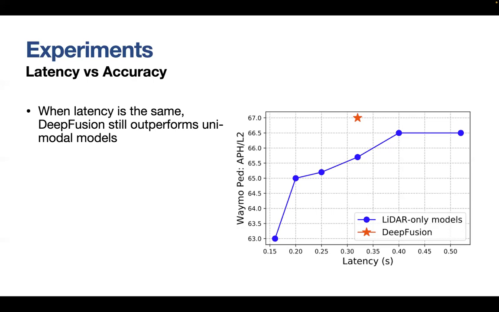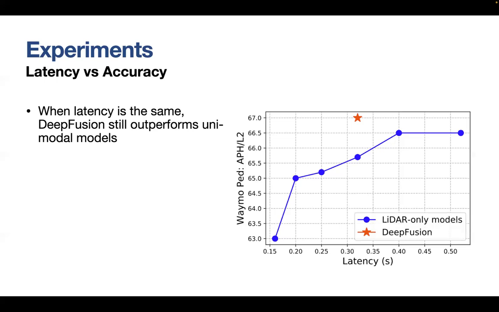We see here that they just took LiDAR-only models and scaled them up. They increased the size of the latent dimensions, they increased the size of the detectors and everything, and then compared their accuracy to Deep Fusion, and we see that Deep Fusion outperforms all of them.